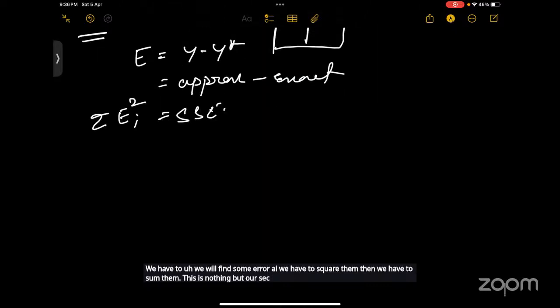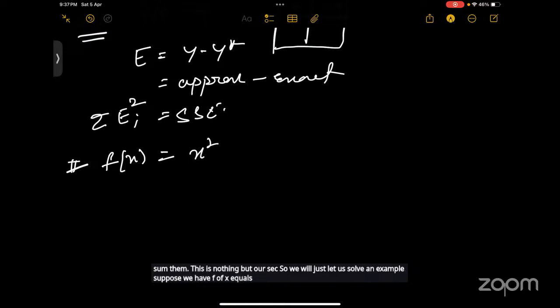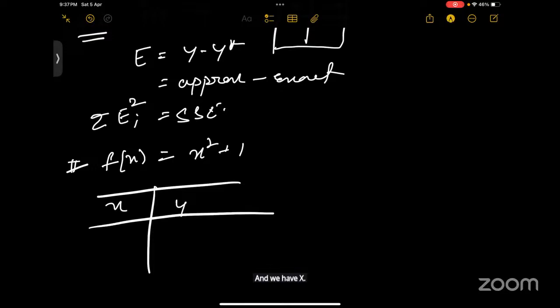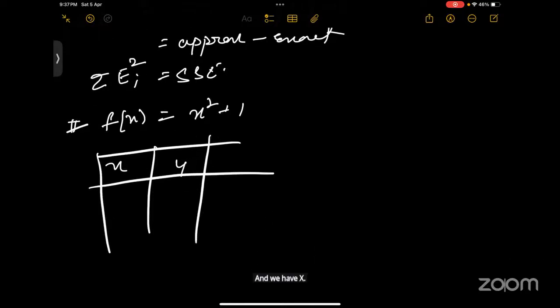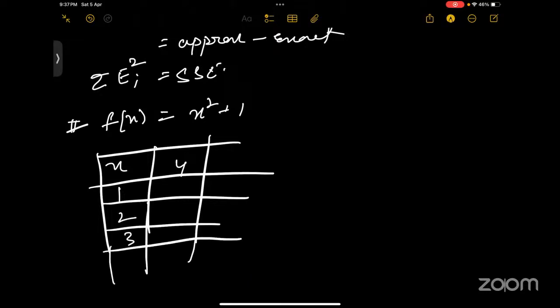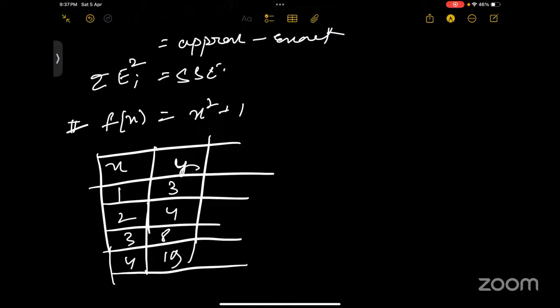So let us solve an example. Suppose we have f of x equals x squared plus 1, and we have the data given.